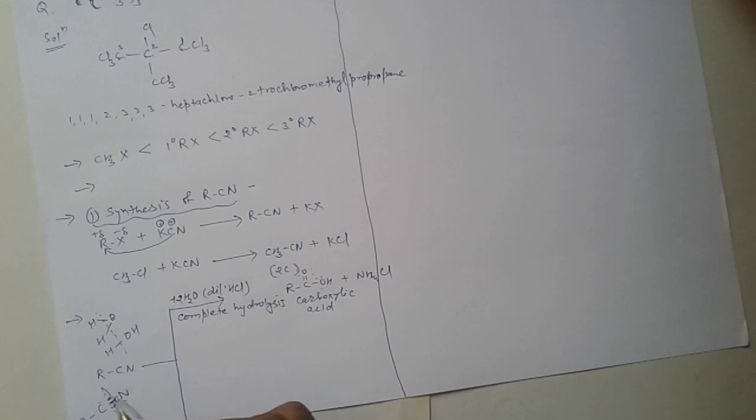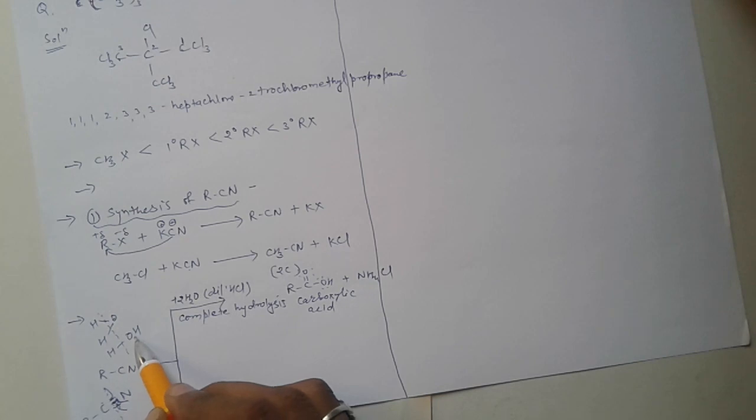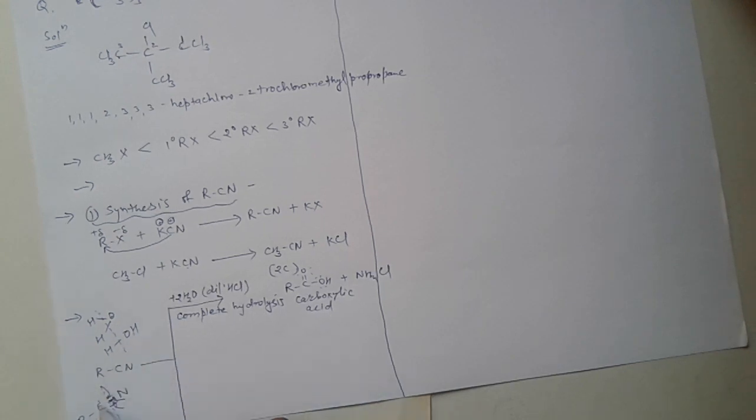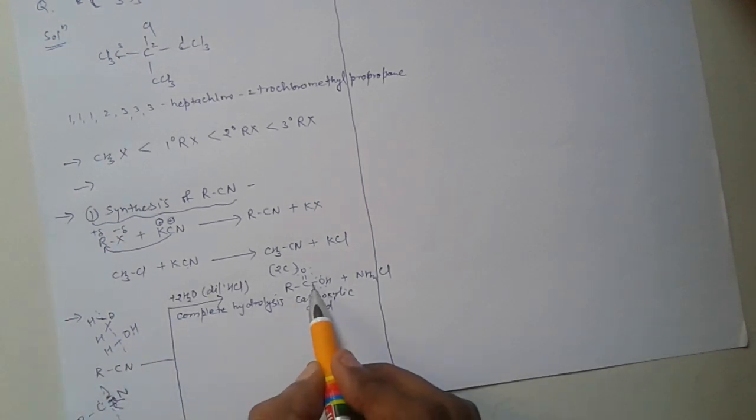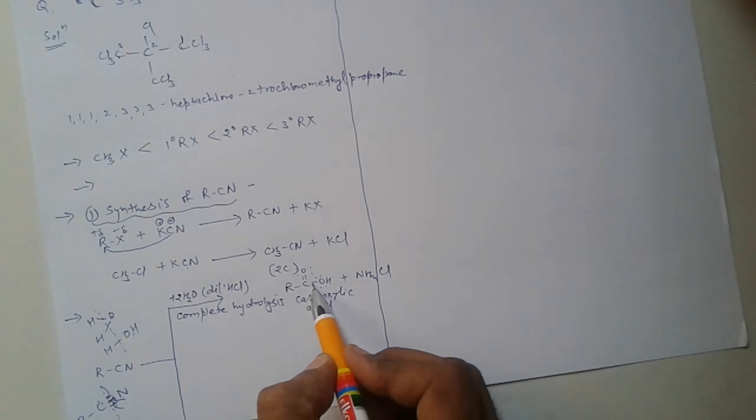So I repeat, after this the one sigma bond is cleaved between carbon and nitrogen, then the OH group of a water molecule is attached to the carbon atom. So finally carboxylic acid is formed in this reaction.